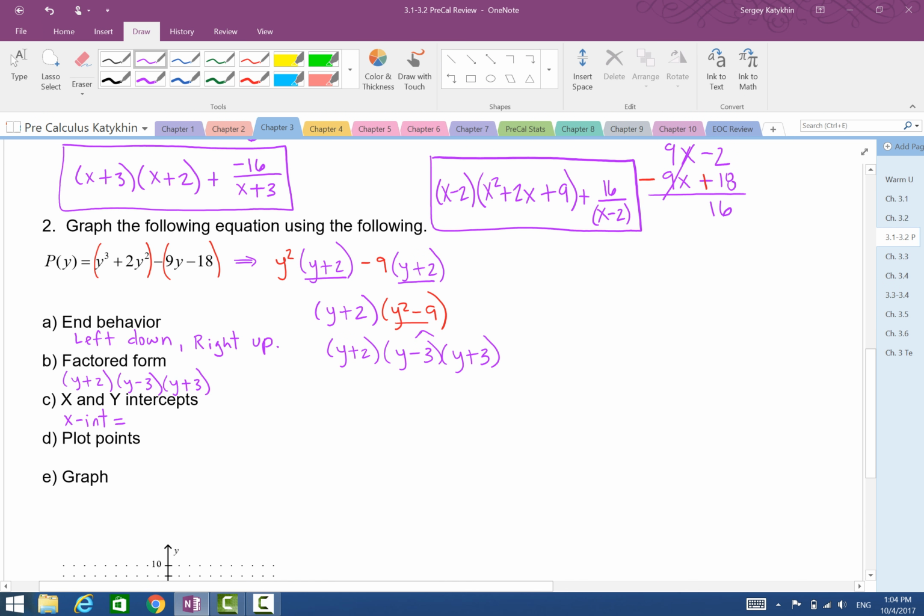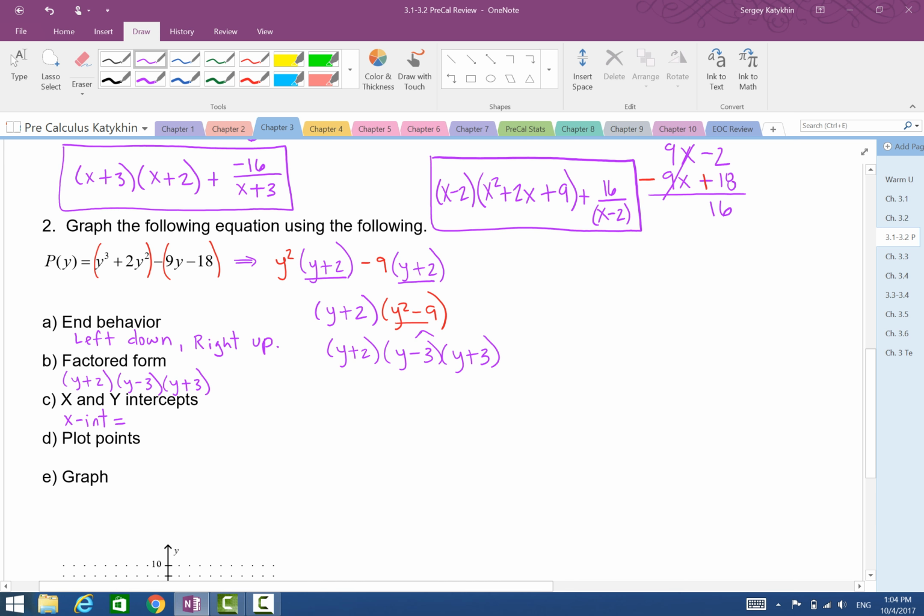In our case, we would have y plus 2 equals 0, y minus 3 equals 0, and y plus 3 is also equal to 0. Even though it is in terms of y, remember this is just a variable, so it could also be x to the third, y to the second power, and 9x.